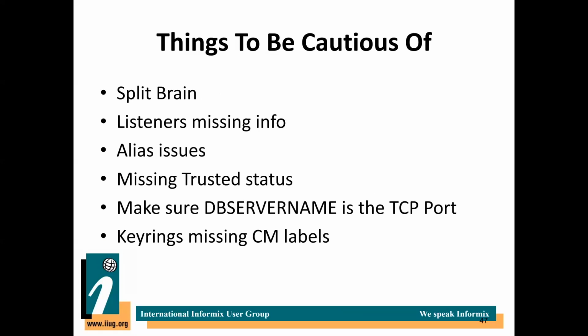Alias issues, this is one to be aware of. If you've got multiple DB server aliases for a system, when the connection manager is initially probing, it'll pull those connections in.